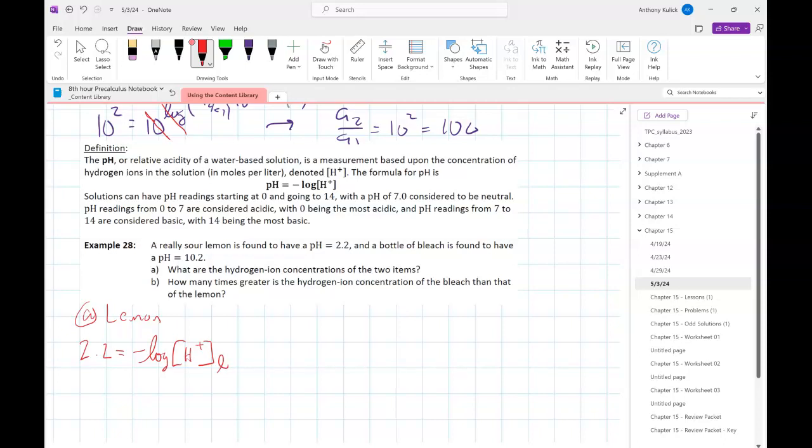Well, what do I have to do to solve for that concentration of hydrogen ions? What should I do first?